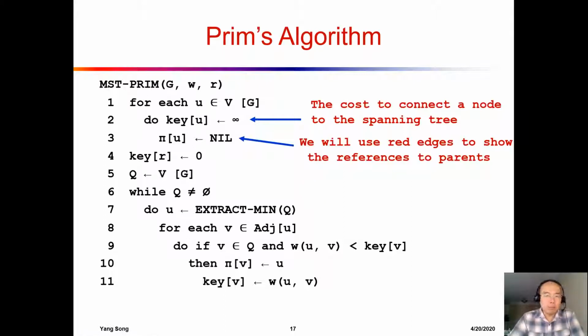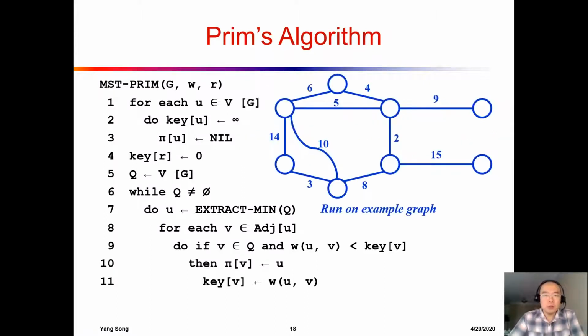Before I read the code line by line to you, let's just use this as an example. We want to generate the MST using this graph, and we have to specify where we want to start. We want to start from this node, and we call this R. The very first step, if you see the first three lines of code: for each node, we specify the key is infinity, and we set the pi to be nil.